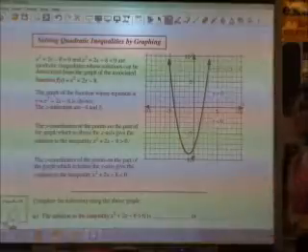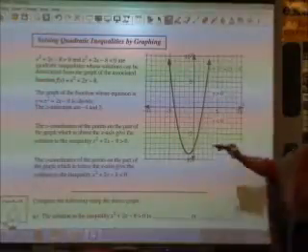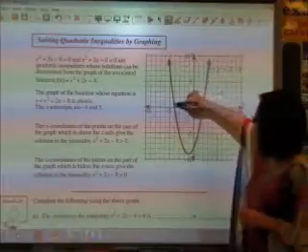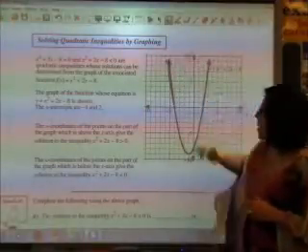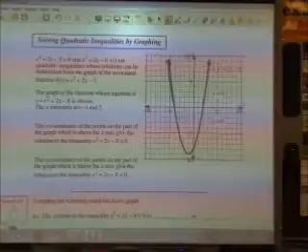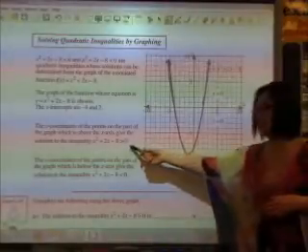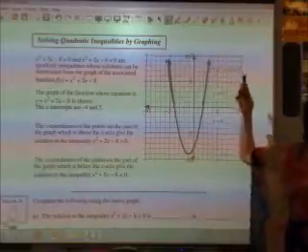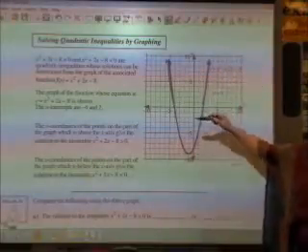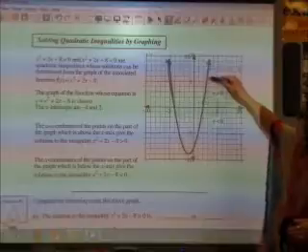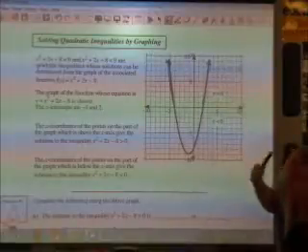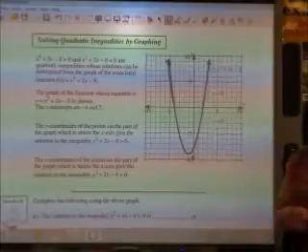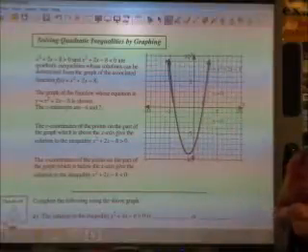Okay? Now, if I look at this part of the graph, everything above the x-axis, this would represent all of the possible solutions that would solve the inequality greater than 0, because everything here, the y value, is greater than 0. So if I put x equals 3 into this equation, I get a number that's bigger than 0. If I put in a value that's just a little bit greater than 2, it will be greater than 0.